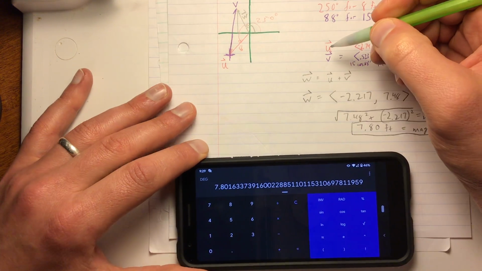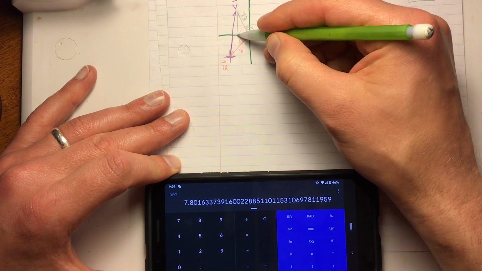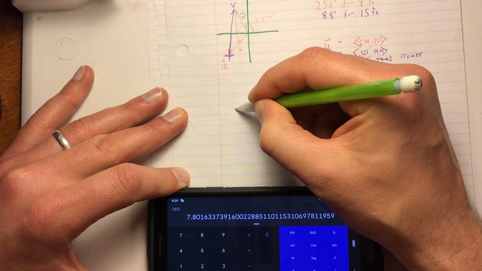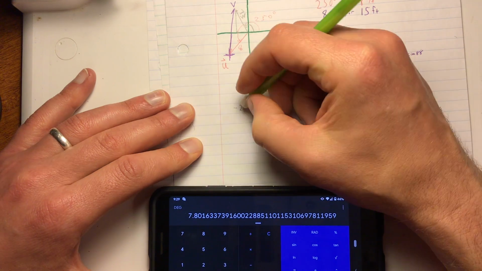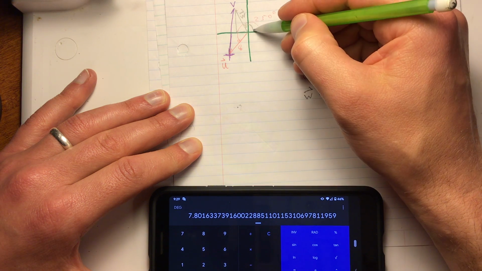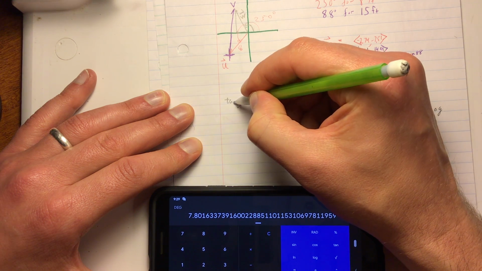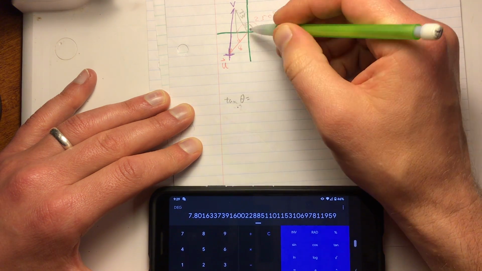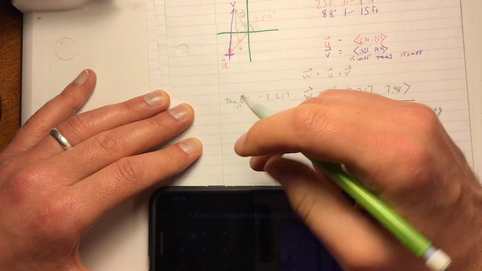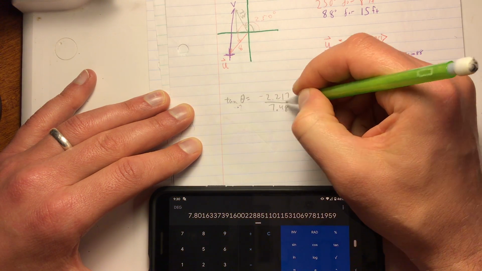And as for the direction, well, let's see here. We've gone negative 2.217 in the x direction, 7.48 in the y direction. So that's the adjacent, that's the opposite. I gotta find this angle right here. So let's see here. Tangent of theta is equal to negative 2.217 divided by 7.48.